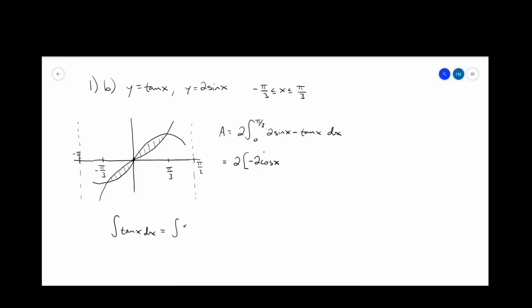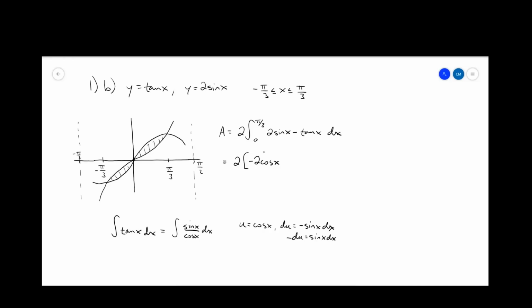Well, probably the best way to do it is by doing a substitution, writing it as sine over cosine. If you do that, then you can say, let u be equal to cosine. Then du is negative sine, and so negative du is sine x dx.